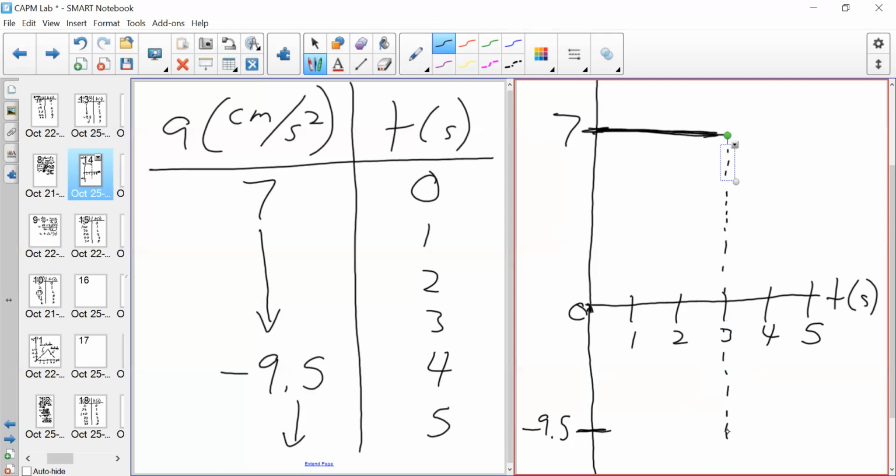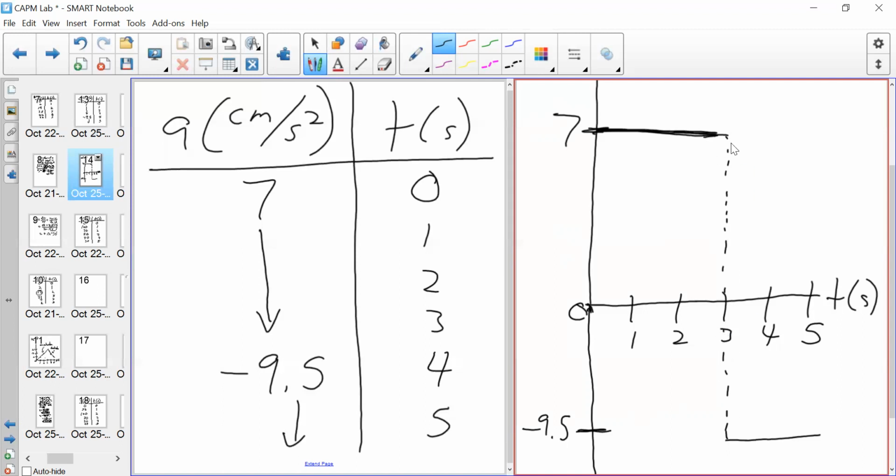And so we're going to go a negative 9.5 from basically 3 all the way to 5. That's how we designate that turn at 3 seconds. There's no way you can take the slope of that. It's all just rise, right? If you have just run, no slope, rise, no slope. And moreover, there's just nothing happening here.